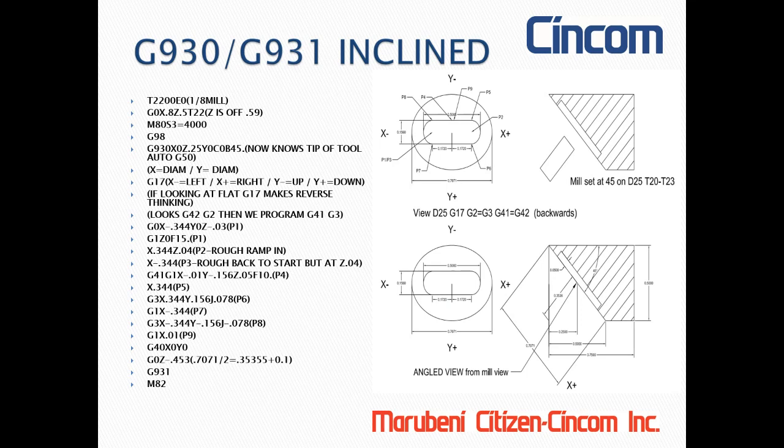G930 inclined surface machining, also in our new D25 and 5-axis controls. Also, for all those that have these machines already, if you command G930 or G920, you will notice at the screen that once you pass G930, it will say incline.